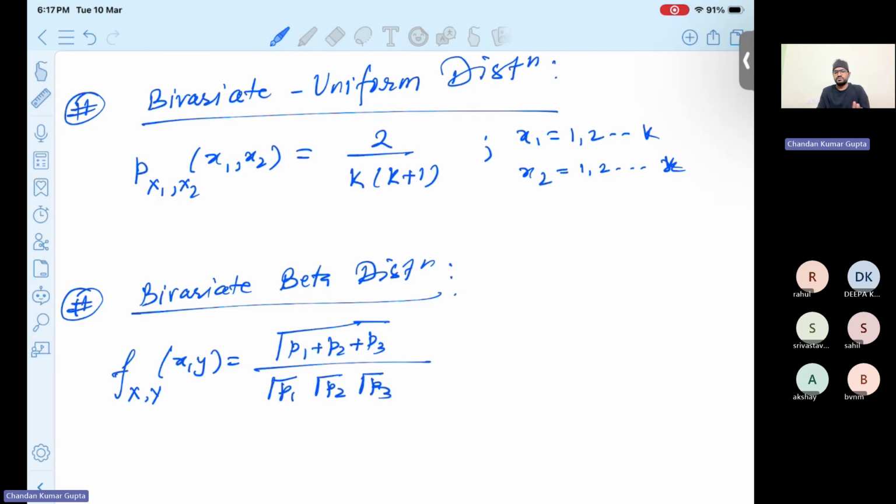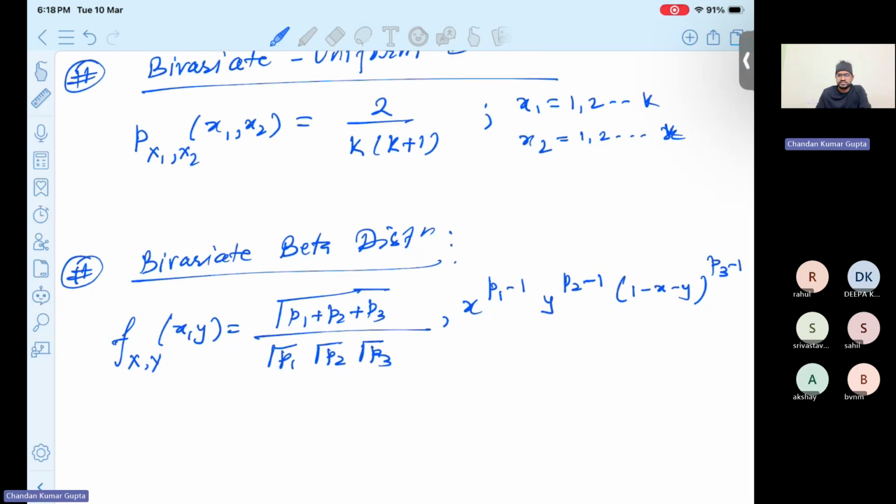In the univariate case there are two parameters, M and N, or P1 and P2, but here we have three parameters. Then x to the power P1 minus 1, y to the power P2 minus 1, and then 1 minus x minus y to the power P3 minus 1. So this is the bivariate beta distribution.